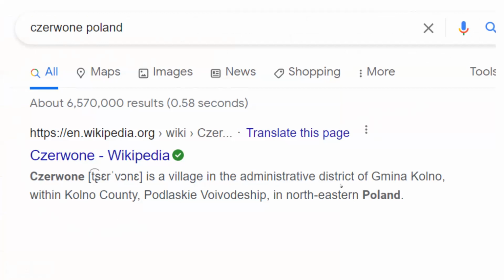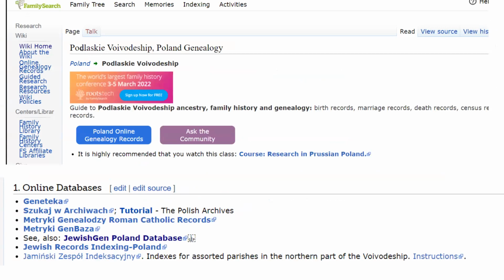It's a village in the administrative district of Kolno, which is in Podlaski, and I don't know how to pronounce that next word, but it's basically the state in northeastern Poland. At that point, I went to Family Search Wiki and put in Podlaski, Poland, and you get an enormous list of information that's available.